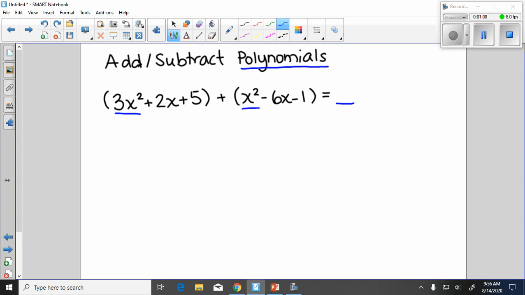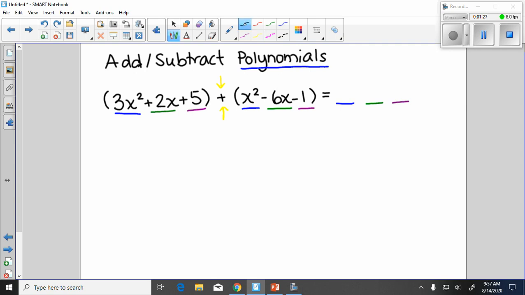So x squareds get combined with other x squareds. X terms get combined with other x terms. Constants get combined with other constants. And we use whatever operator happens in between them, in this case addition.